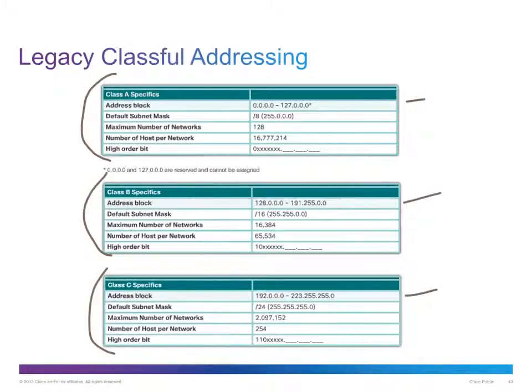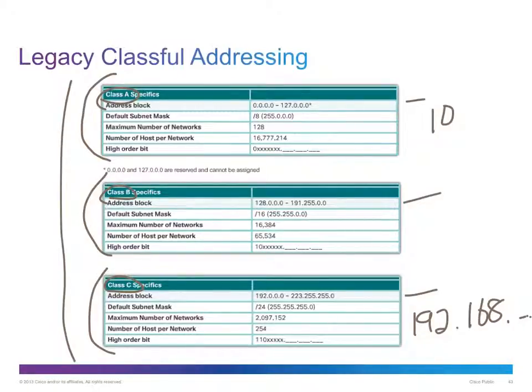So, for example, there's a block of C addresses that are private, that 192.168 and so forth. There's also a block of B addresses that are private, that 172.16 and so forth. And there's a block of A addresses, those 10 addresses, that are private. All the rest of the addresses here are public.